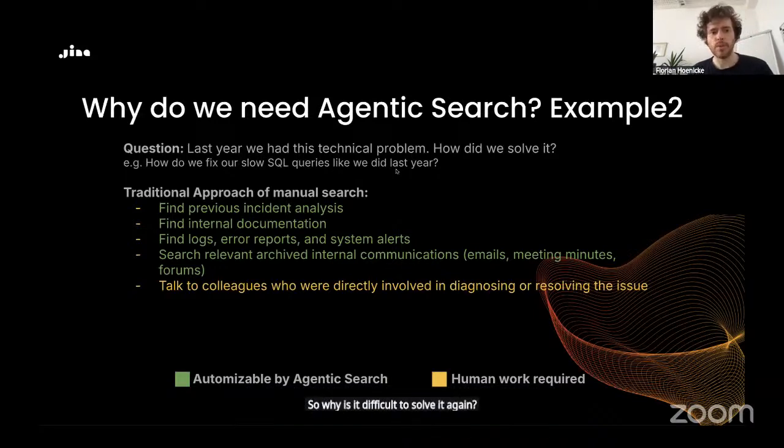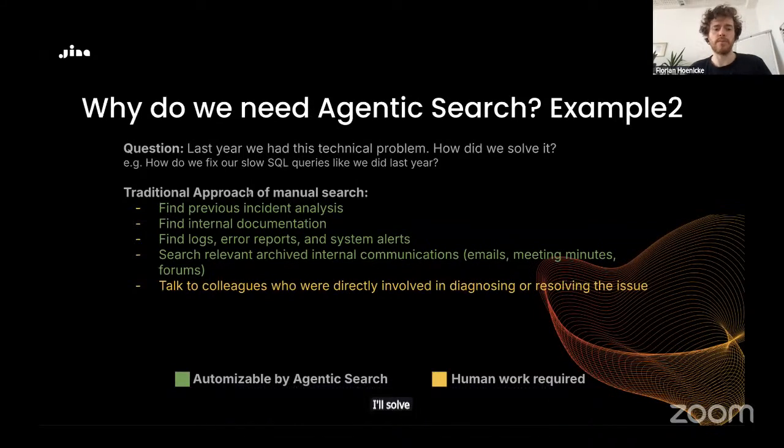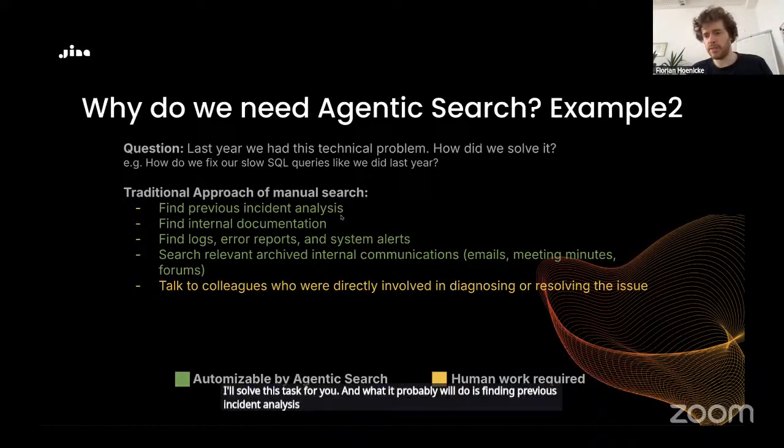What you can do is use your own search agent within your company and have it solve this task for you. It will probably find previous incident analyses and look for one that matches this problem description.